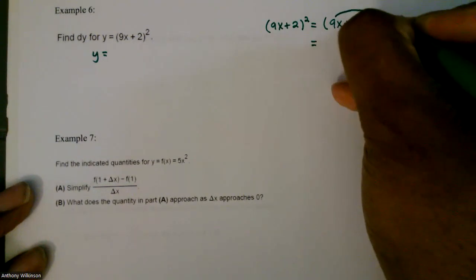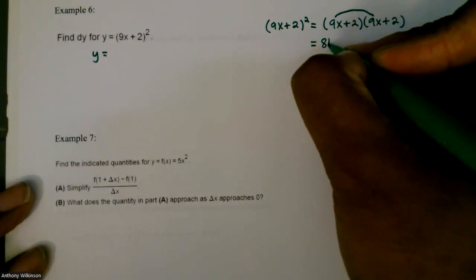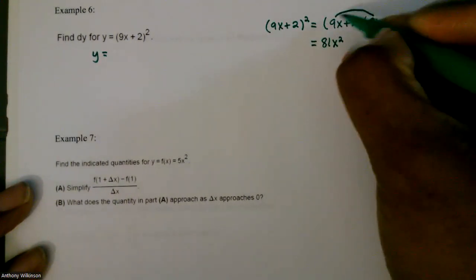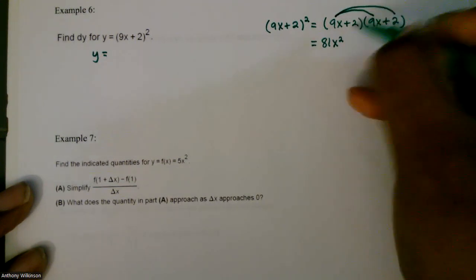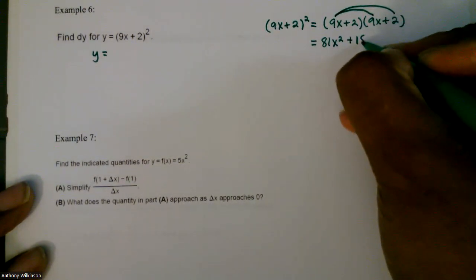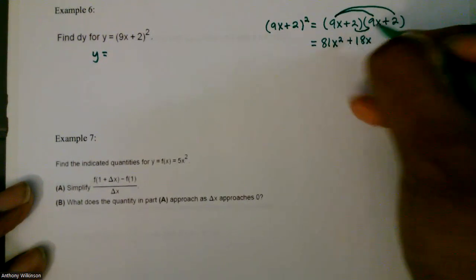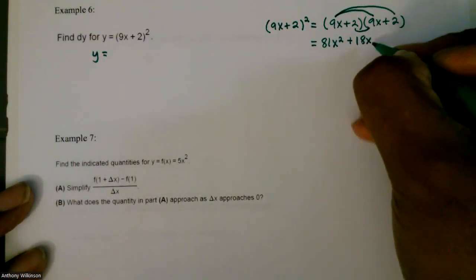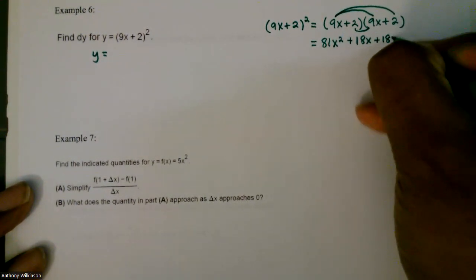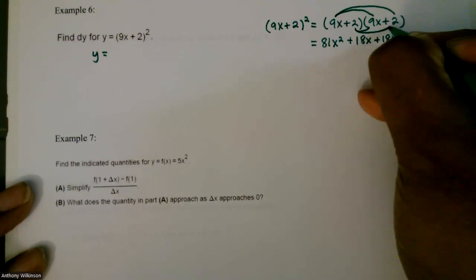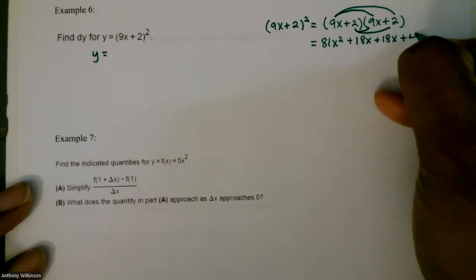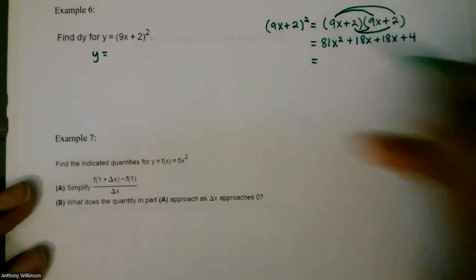So here, 9x times 9x will be 81x squared. The outer would be 9x times 2, which will be plus 18x. The inside will be 2 times 9x, which will be plus 18x. Then last times the last, 2 times 2 will be plus 4.